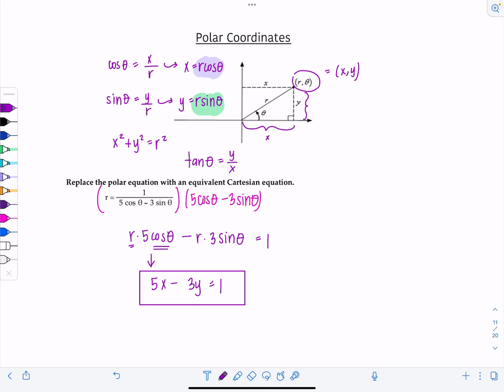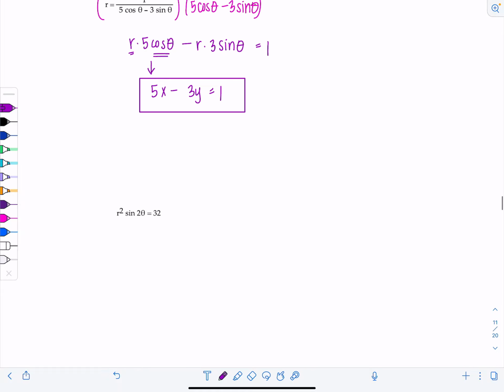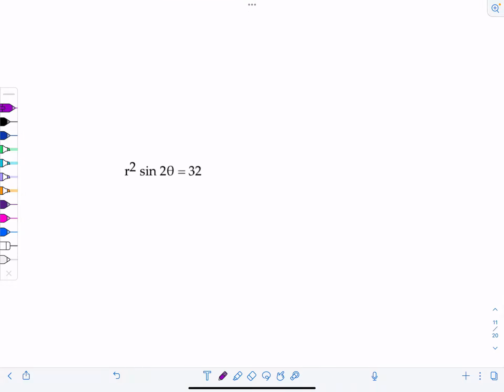All right, I did have another one. r squared sine 2 theta equals 32. Again, what is this 2 theta doing here? So let's replace sine 2 theta with the double angle identity. So we have r squared times, do you remember it? 2 sine theta cosine theta equals 32.